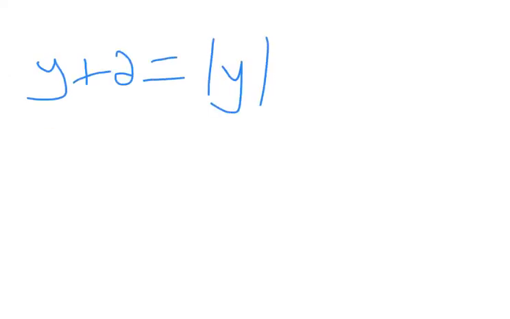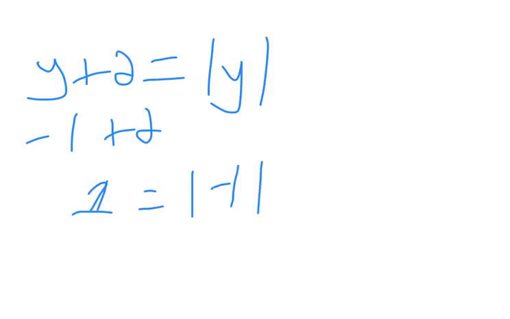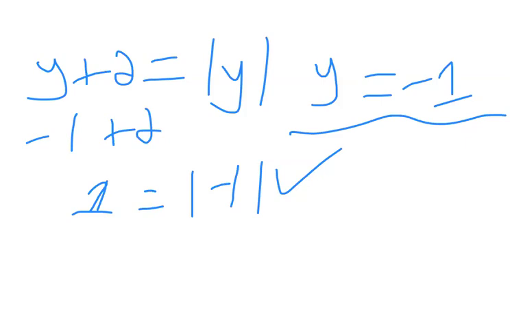So I tried -1 and it ended up working. Trial and error, I guess. Let's see why it works. You have -1 plus 2. That gives you a positive number, which is 1. But that is also equal to the absolute value of -1, because we said y is -1, and the absolute value of -1 is 1, so this checks out. So for y, you get -1 as your answer. A little bit of trial and error, but that's how some equations are.